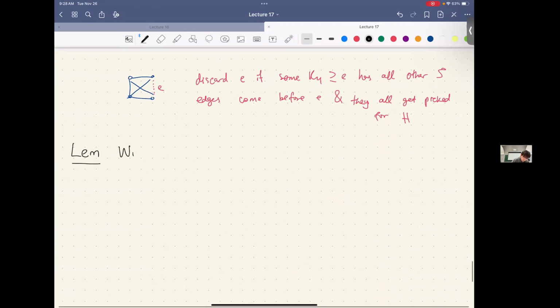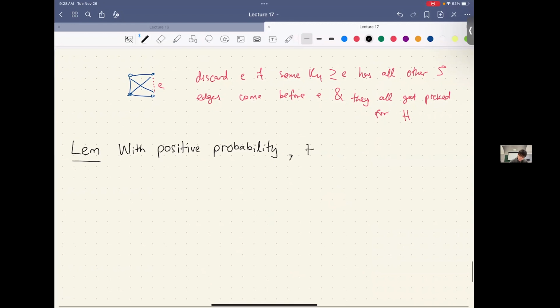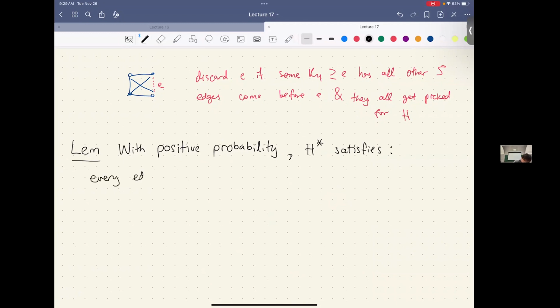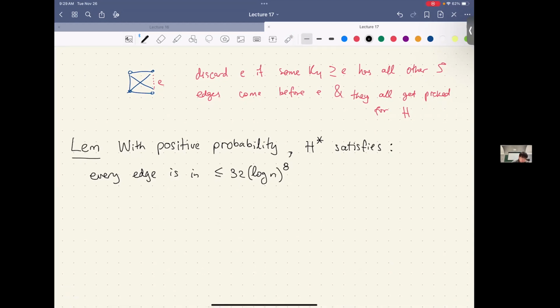With positive probability, H star satisfies the following properties. First, every edge is in at most 32 log n to some power copies of K4.